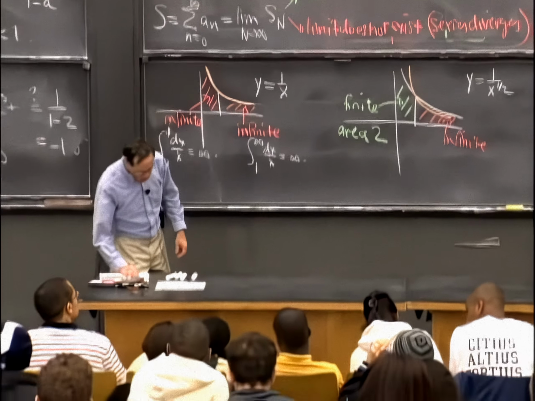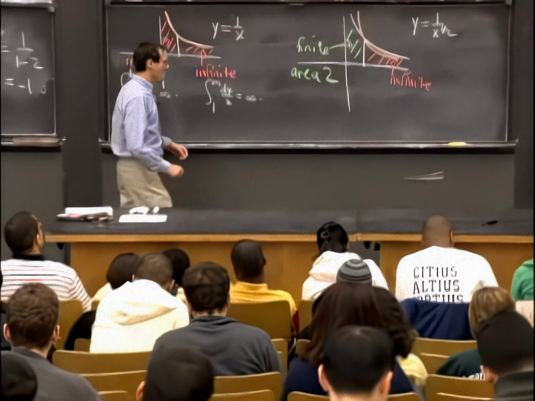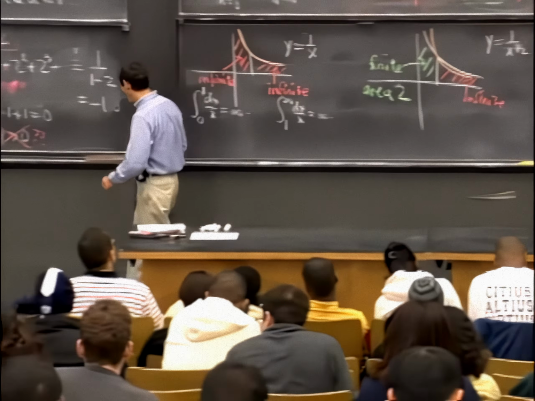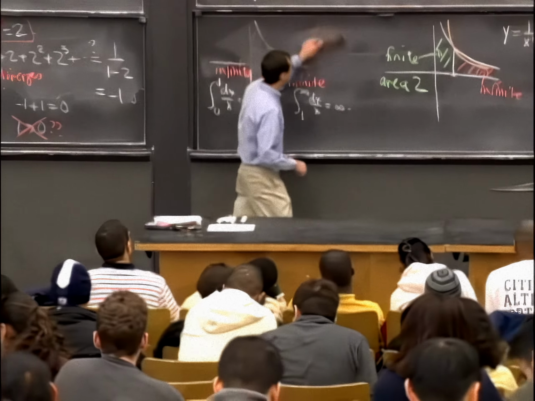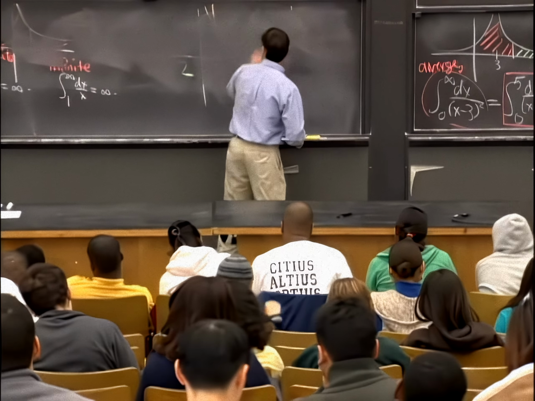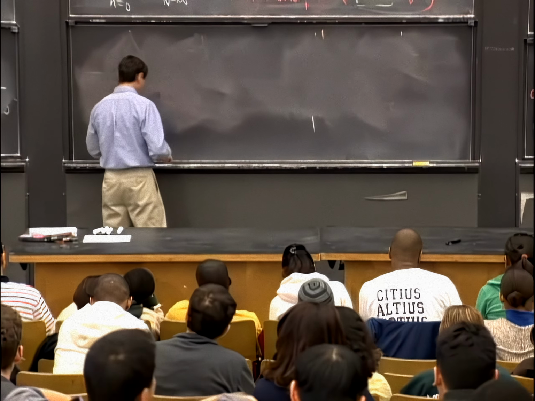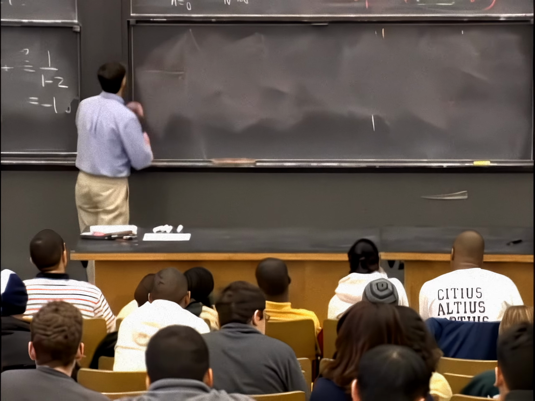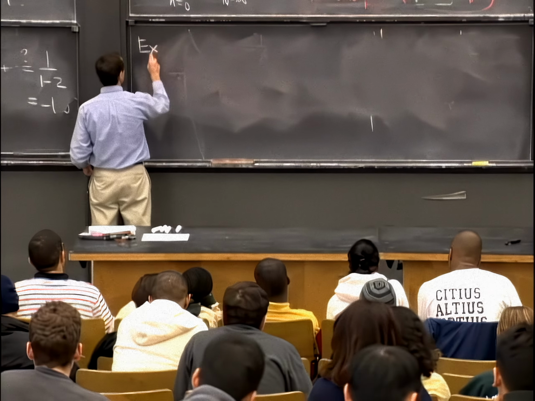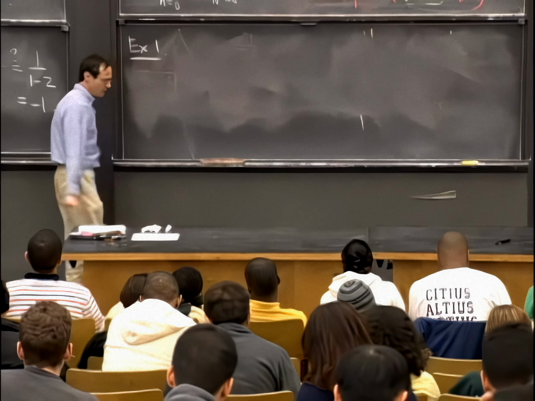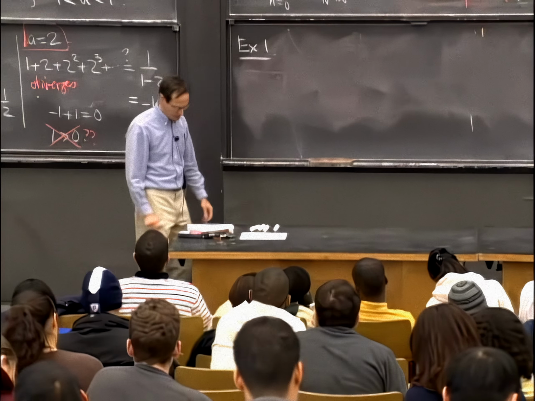All right, so here's the basic definition and what we're going to recognize about series. I'm going to give you a few examples, and then we'll do something systematic. So the first example is the geometric series.